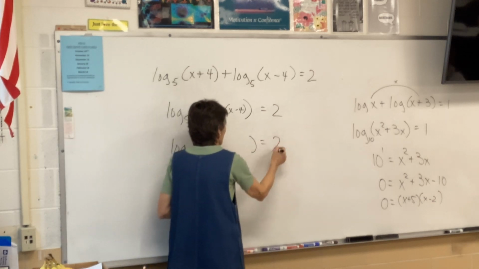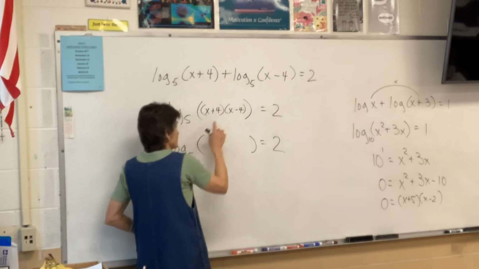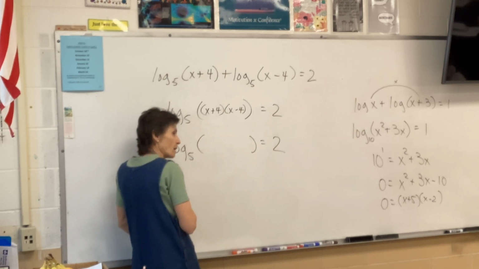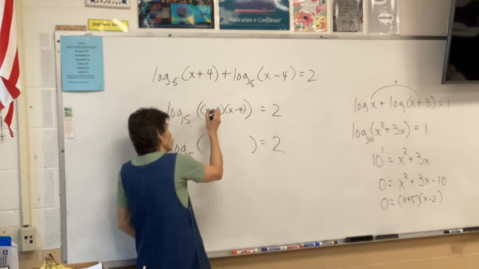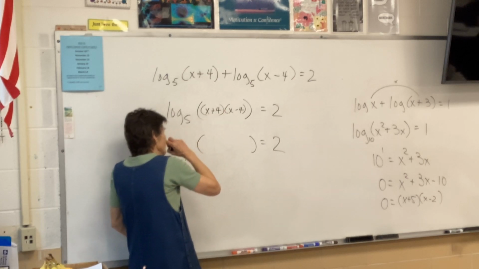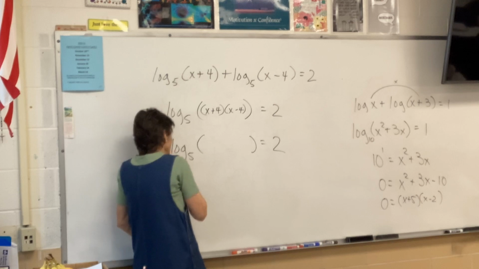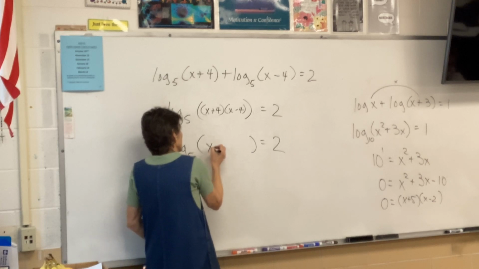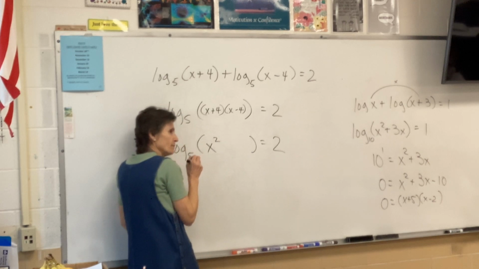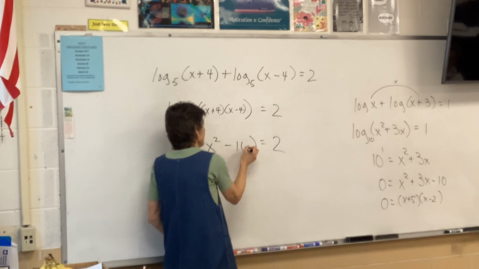What do I get when I FOIL x plus 4 times x minus 4? Go ahead and multiply that out. Would you get x squared minus 16?